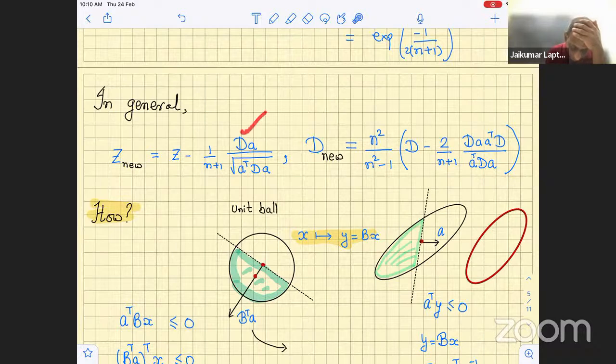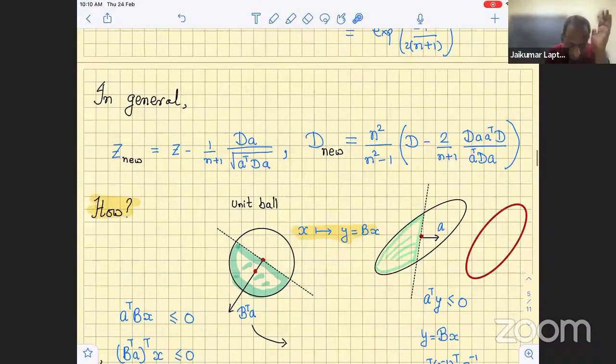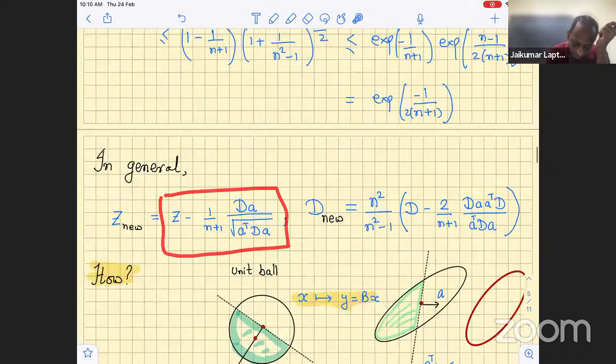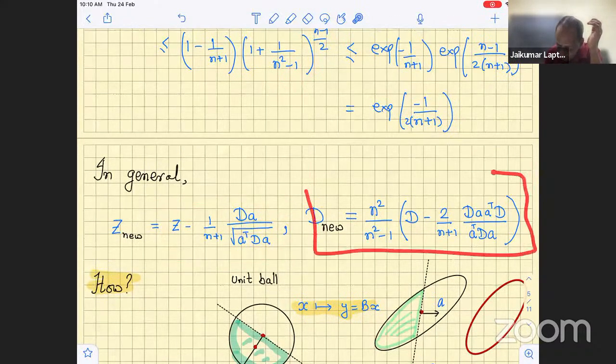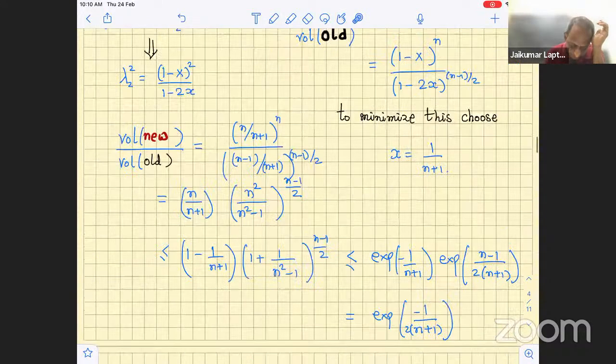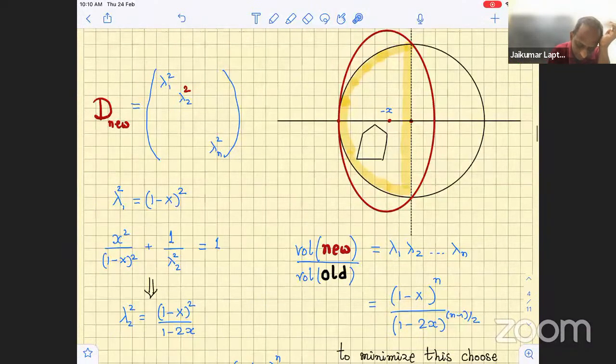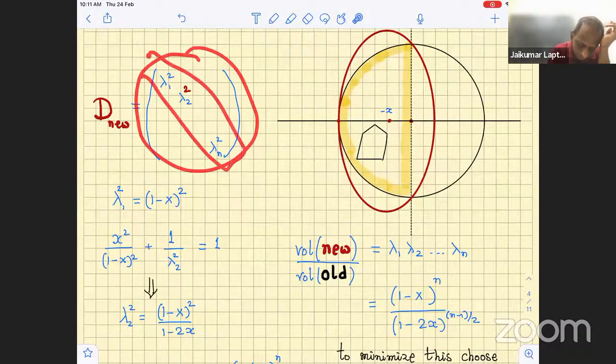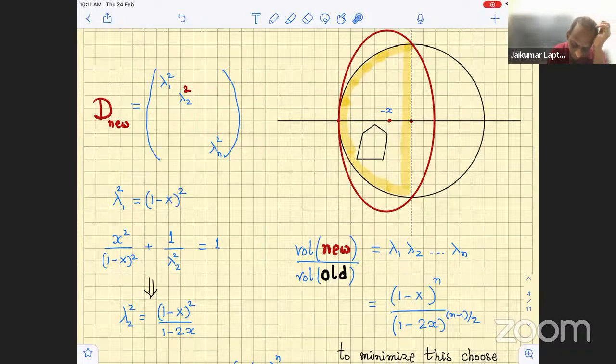There is a d floating here, there is a d here, there are transposes, and there is a square root. But actually it turns out that it's completely simple. I'm assuming that you have not seen too many calculations like this, so I'm going to derive this for you from whatever we have done before. And this part I will leave to you. In this case, we knew what the new D was. The old D was the identity matrix because we assumed it was a ball.